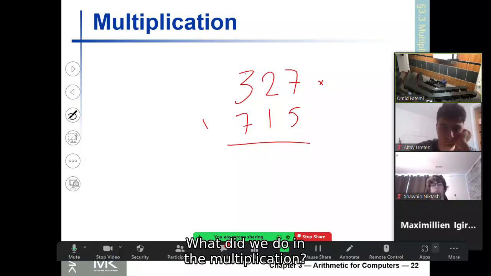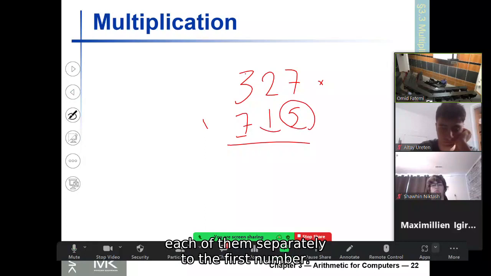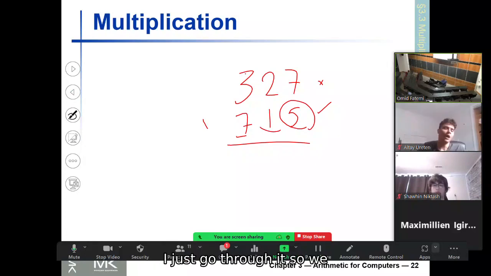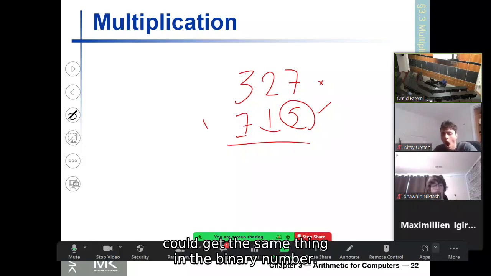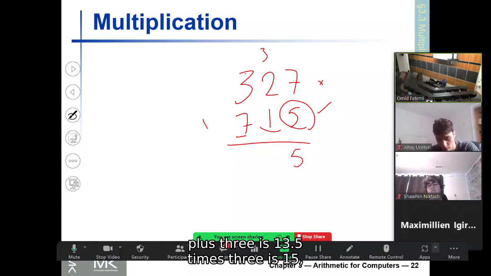What did we do in the multiplication? We take the digits of the second number and multiply each of them separately with the first number. You know these things. I just go through it so we can do the same thing in binary. 5 times 7 is 35, we have 3. 5 times 2 is 10 plus 3 is 13.